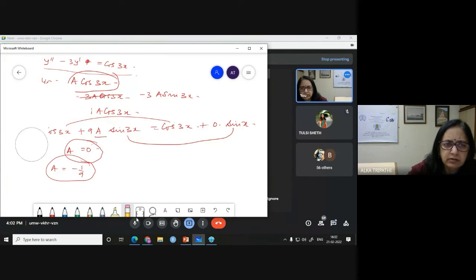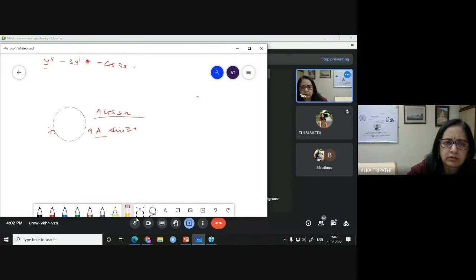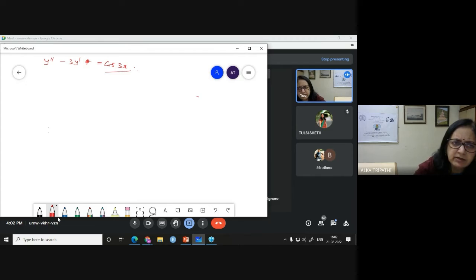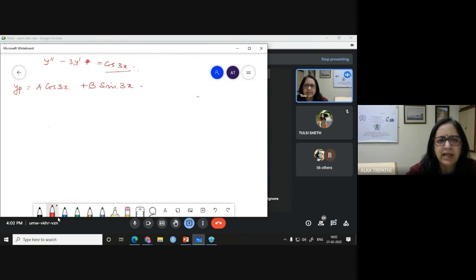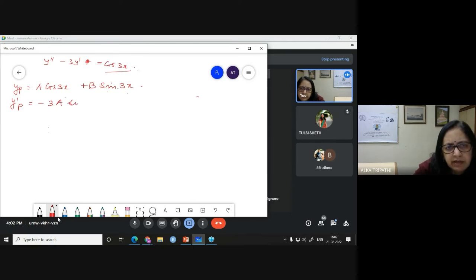In this case, when sin x or cos x is on the RHS, then we consider the trial solution yp to be a cos 3x plus b sin 3x. That is, we will take sine and cos both. Now let us substitute this in our equation. Differentiate and substitute: minus 3a sin 3x plus 3b cos 3x.